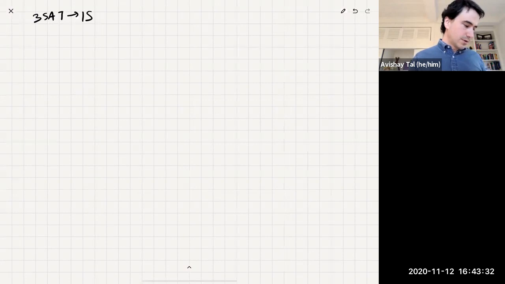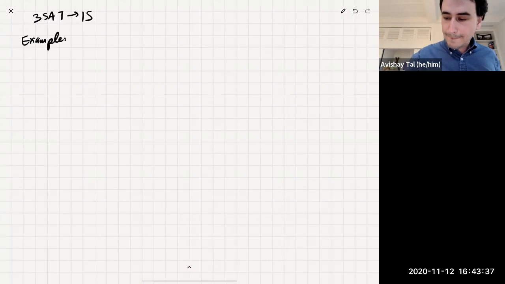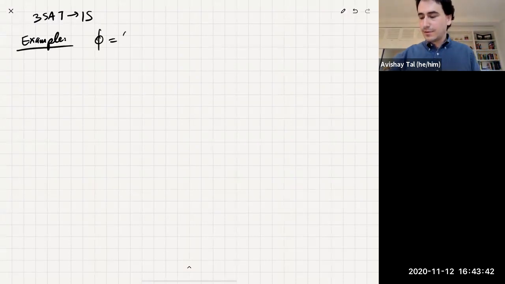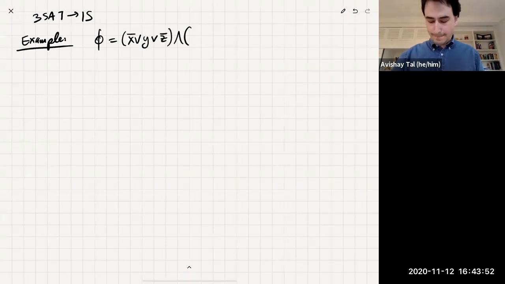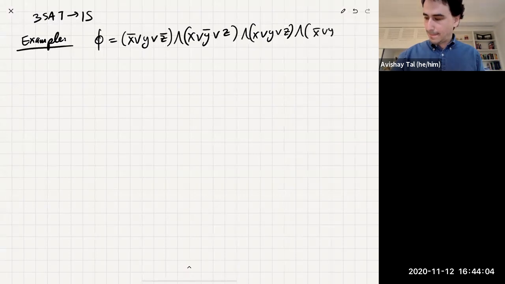Okay, so let me show this reduction again by an example. Let's say that I have this CNF formula, or rather 3CNF formula.